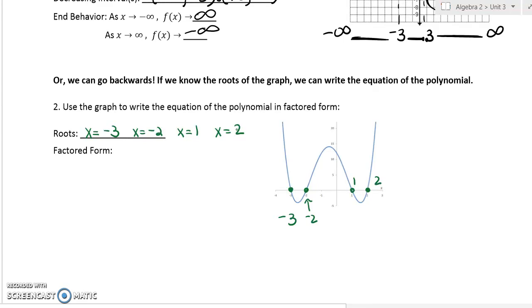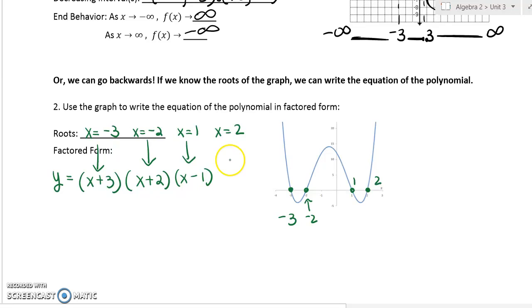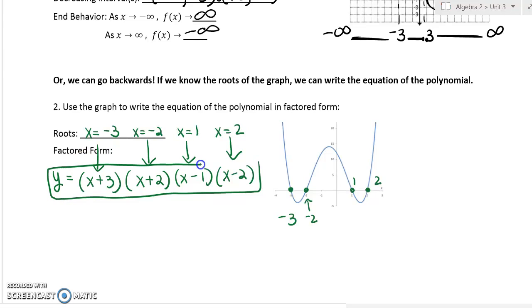And therefore, when we want to put this in factored form, we're going to have y equals: x equals negative 3 gives us the factor x plus 3. X equals negative 2 gives us the factor x plus 2. X equals 1 gives us x minus 1. And x equals 2 gives us the factor x minus 2. And that is our polynomial in factored form.